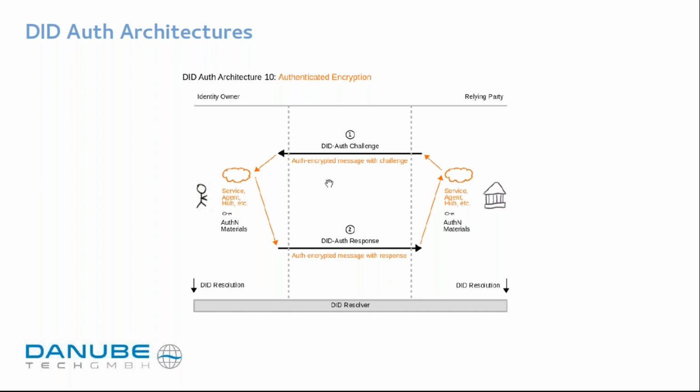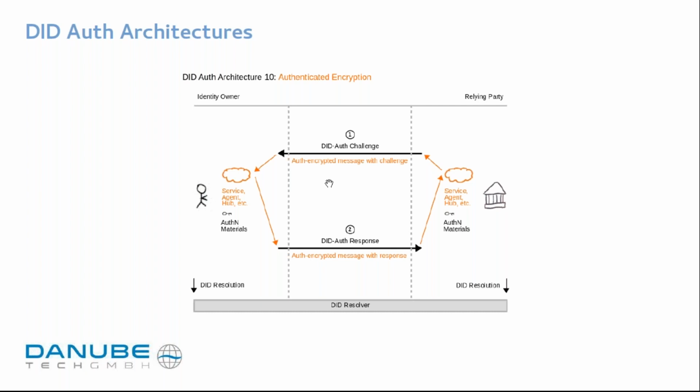But if a certain DID uses this specific type of key, Ed25519, then it's possible to encrypt messages and authenticate them at the same time. And the advantage here is that then basically you can send this over any transport mechanism. So you can encrypt and authenticate messages and then send them over HTTP or Bluetooth or NFC or attach them to an email or whatever. So this is also a really nice form of DID Auth.